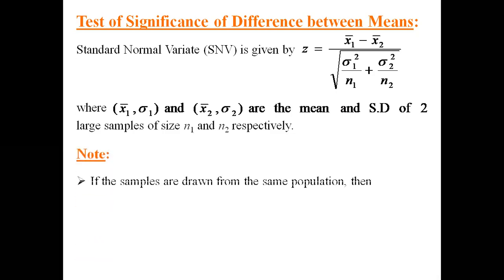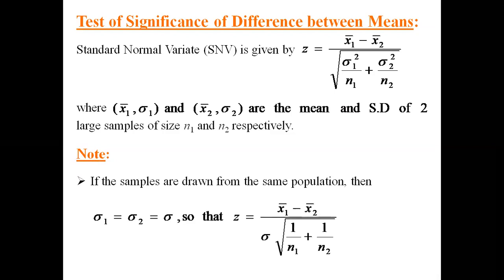Note, if the samples are drawn from the same population, then sigma 1 equal to sigma 2, say equal to sigma, such that z is given by x1 bar minus x2 bar divided by sigma into square root of 1 by n1 plus 1 by n2. When we substitute sigma 1 equal to sigma 2, say equal to sigma, we have sigma square common in the numerator.